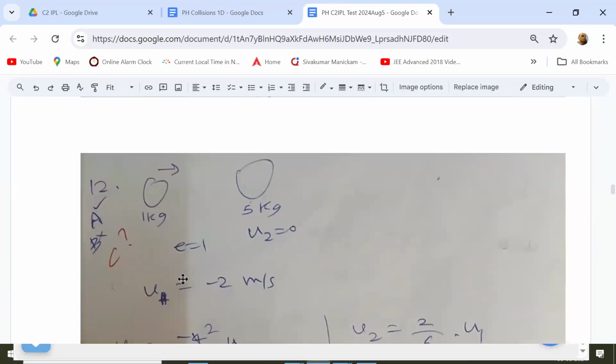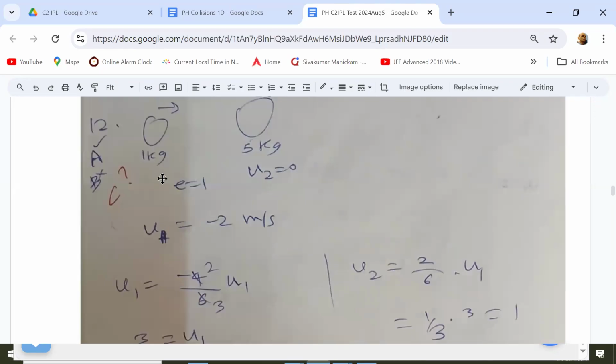So the final momentum is -2 plus 5, so it's plus 3, which is the same as the initial momentum. By the total mass, it is 6, so it's half.